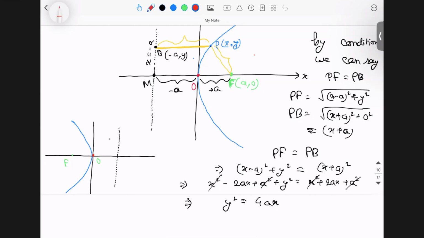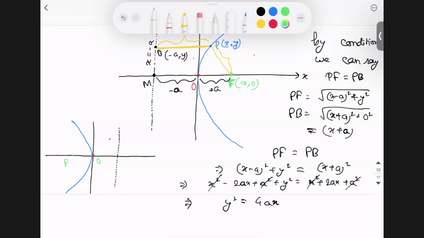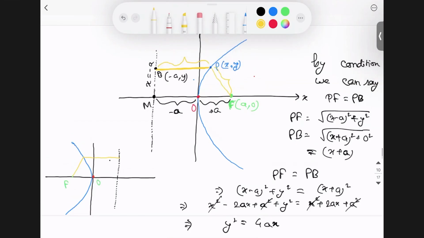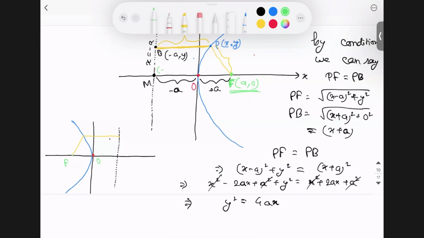All the conditions we obtained in the earlier case will hold here too. This distance and this distance must be the same. It doesn't look like it, but it will be the same. Now, what is the difference from the earlier case? There, F was at the point (a, 0), and the directrix point M had coordinates (minus a, 0).